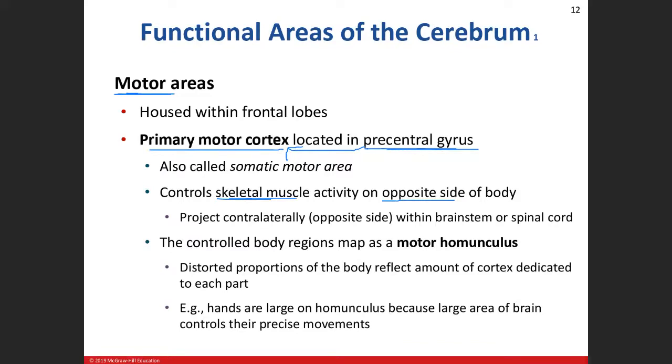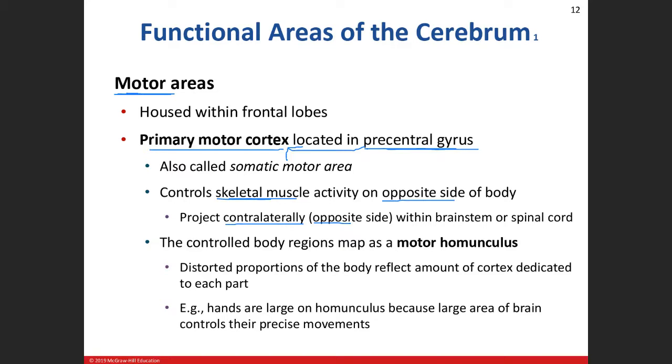So a new term that I haven't really mentioned before is called contralaterally or contralateral. What that means is opposite side. So basically, the contralateral side of your brain, which would be like the left side of your brain, is going to control the right side of your body. So at one point, these fibers from the left side of your brain have to cross over to the right side of your body.